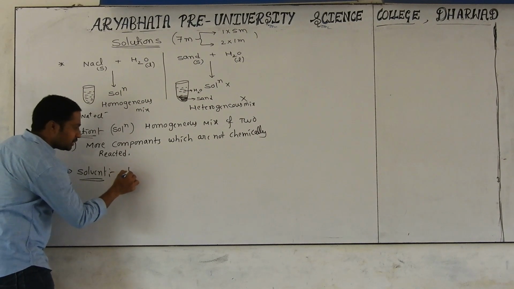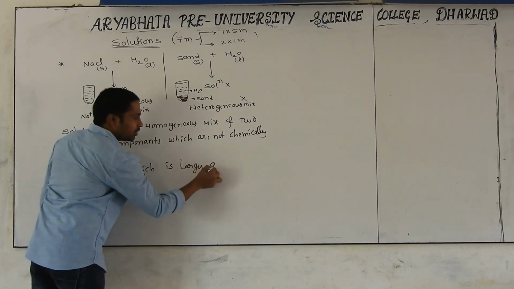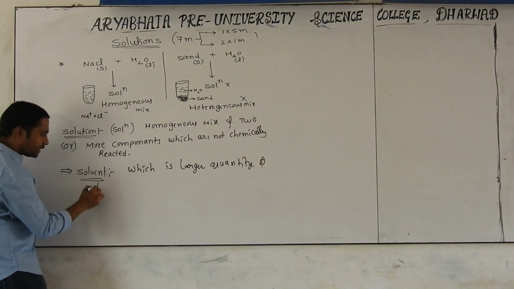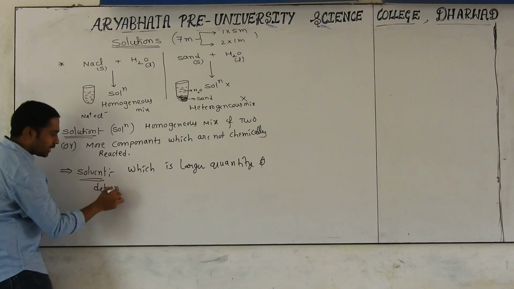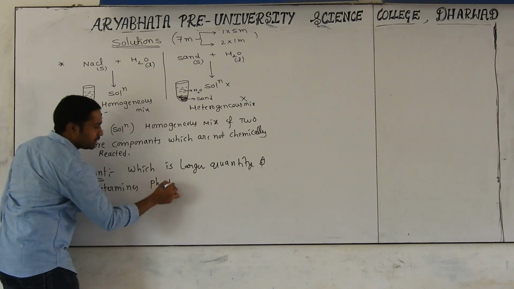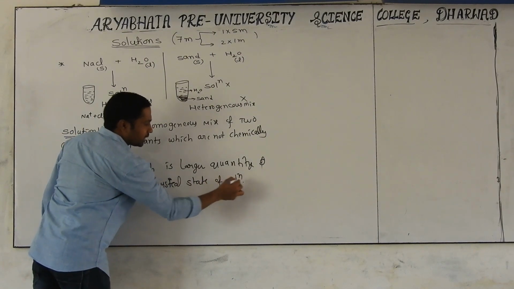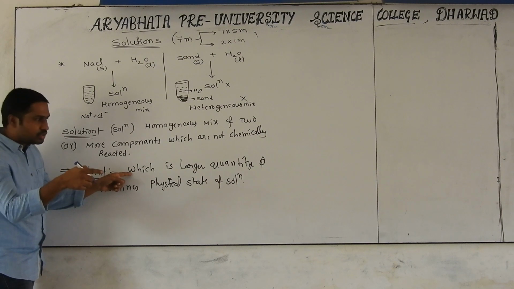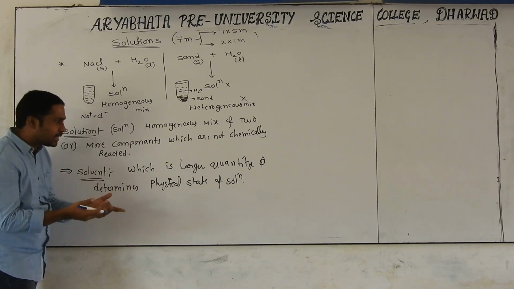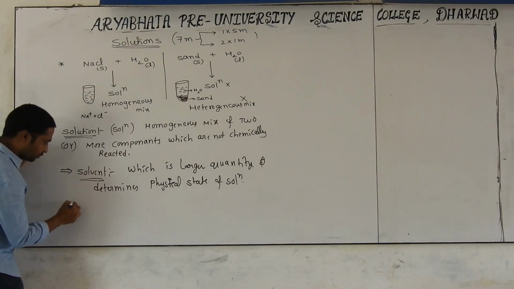Solvent is the component which is in larger quantity in the solution and influences or determines the physical state of the solution. This is an important characteristic. In the solution, the component which is in larger quantity and decides the physical state of the solution is called the solvent. You will get it, I will give many examples for this.